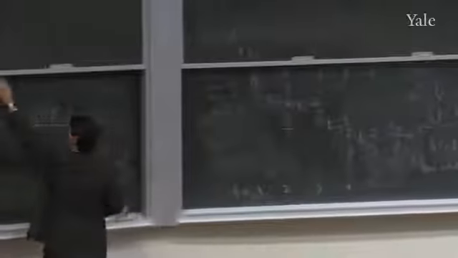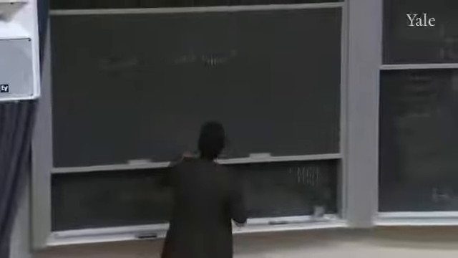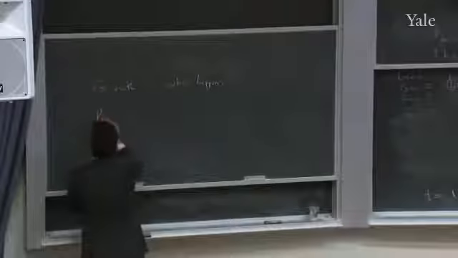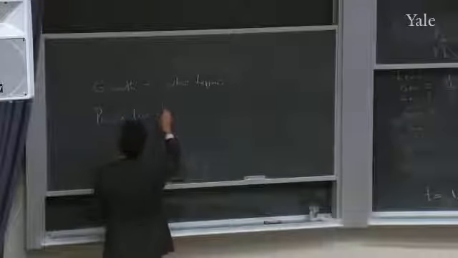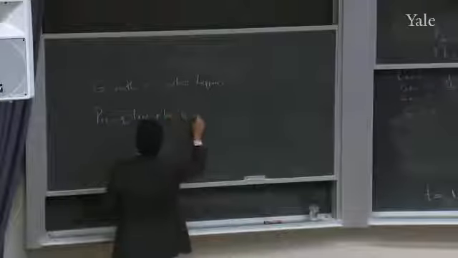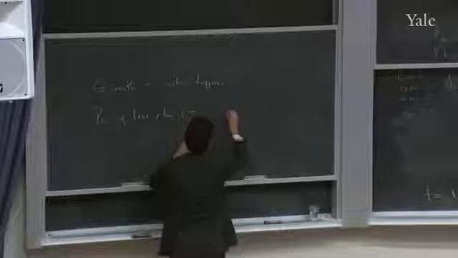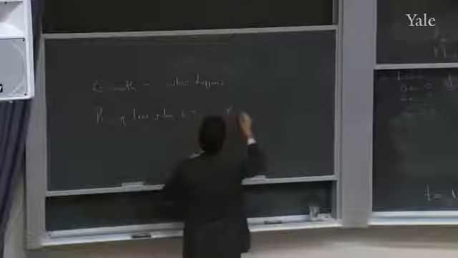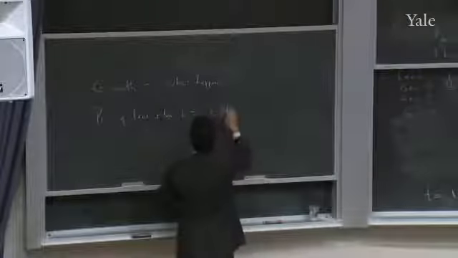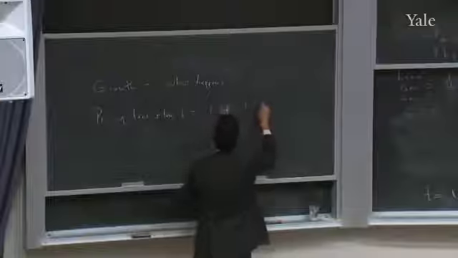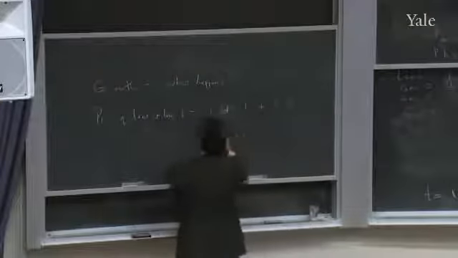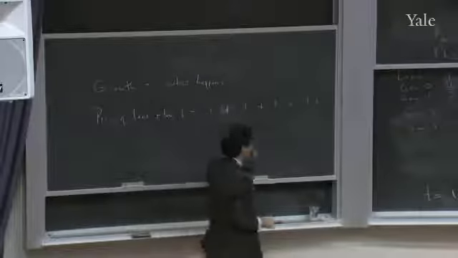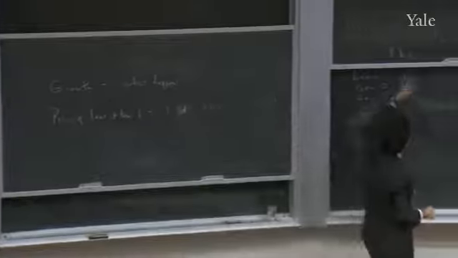Maybe I better write it over here. Remember, the dividends are just 1 plus 1 plus 1 plus 1, but I'm going to be discounting, I'm going to be multiplying by something. So what is the price of land?